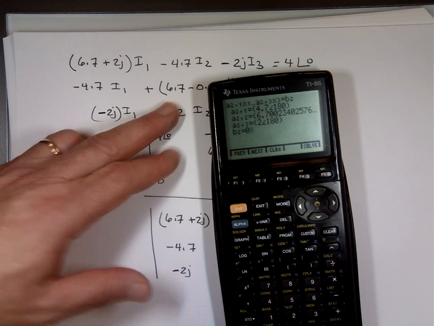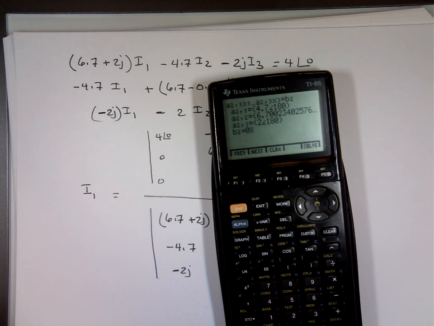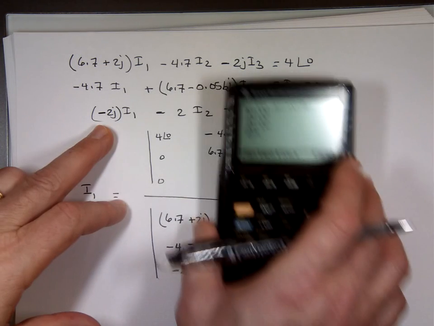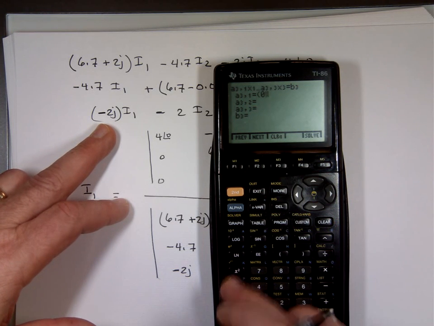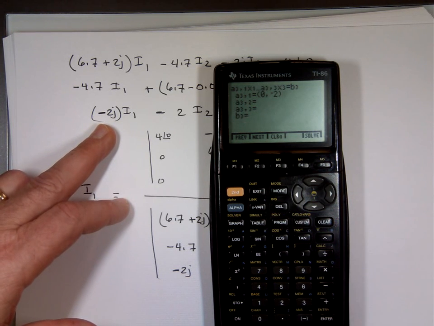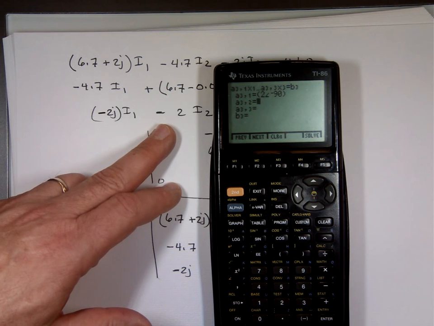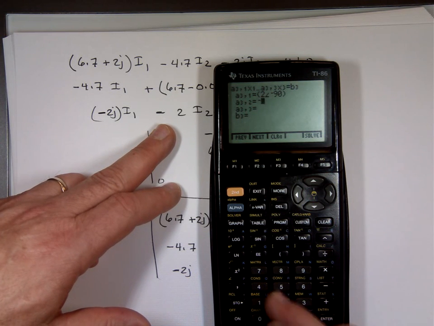Look what the machine did. Did you notice that? I put negative 2. It turned it to what? 2 angle 180. That's what the minus sign does. The last one, negative 2j, 0 comma negative 2. Negative 2, the next one, is going to turn it to 2 angle 180 or negative 180.